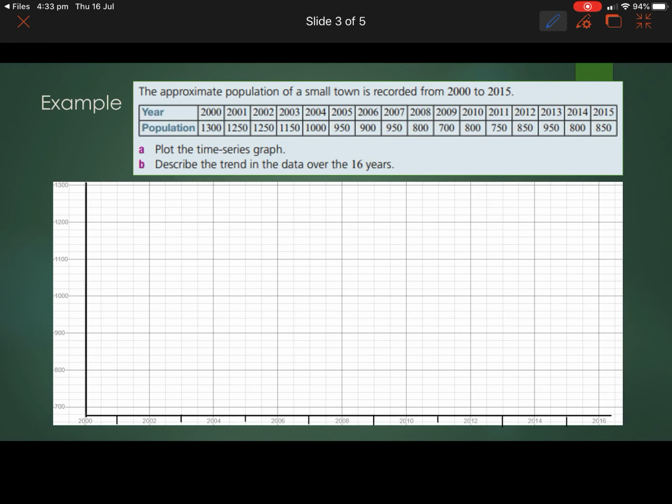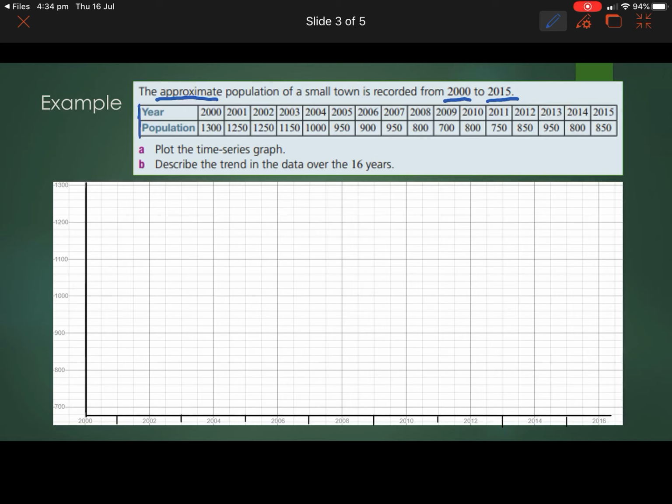Here we go. We have the approximate population of a small town recorded from 2000 to 2015. Approximate means very close to, almost accurate. Small town, population: how many people live in that town. We have the year and population.